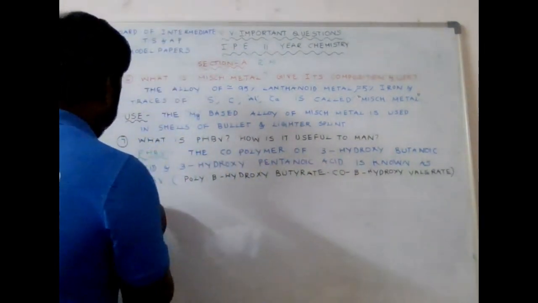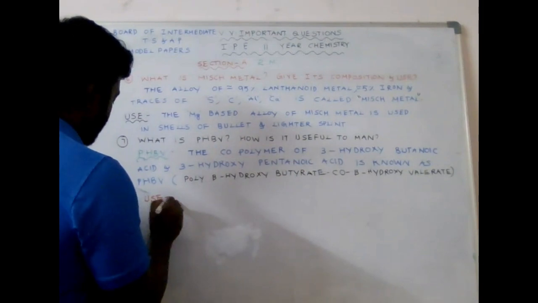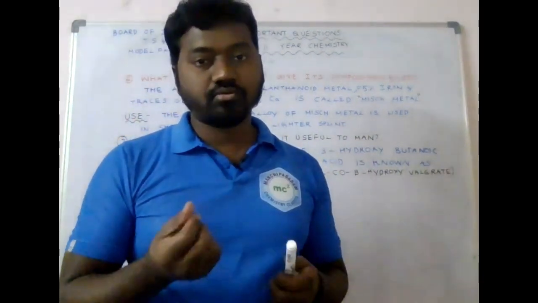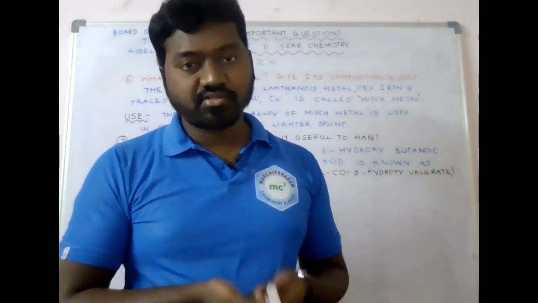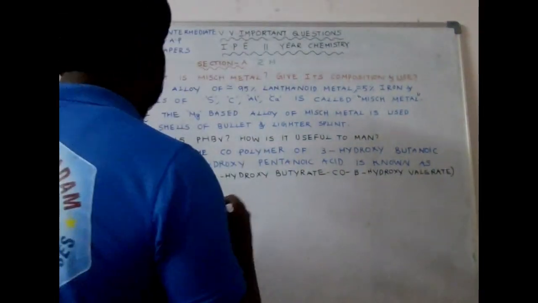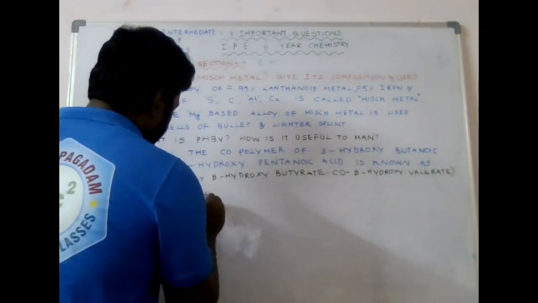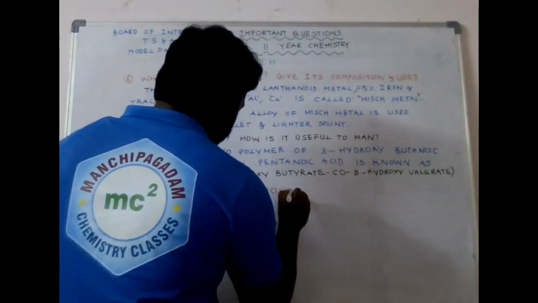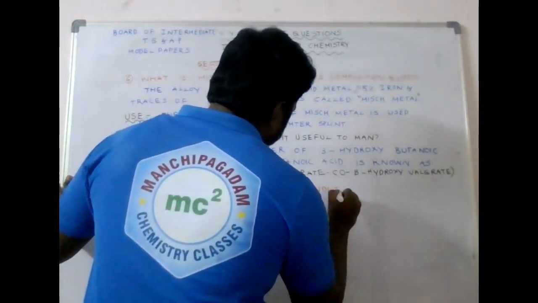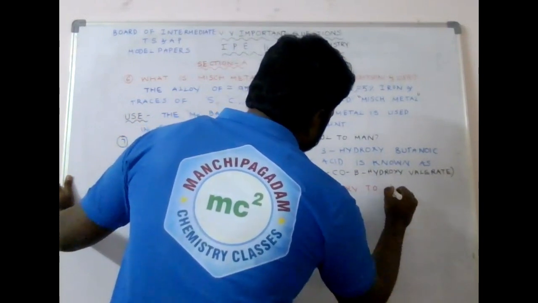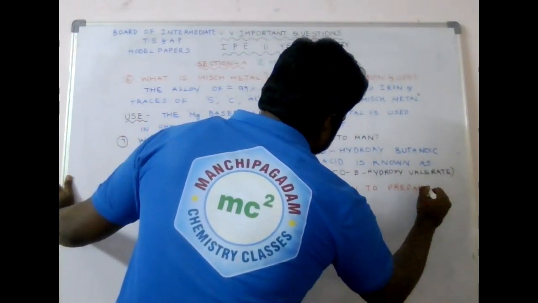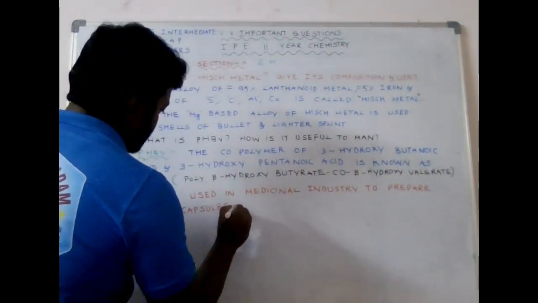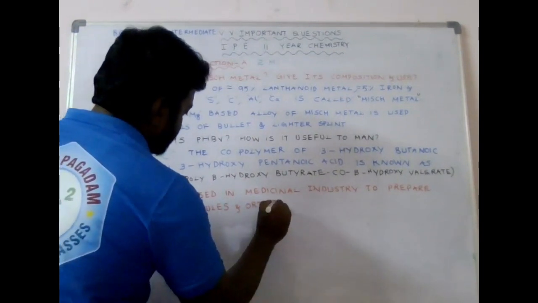And the use of this, you know it is used in the medicinal industry to prepare capsules and orthopedic devices also. You can write that it is used in the medicinal industry to prepare capsules and one more is orthopedic devices.